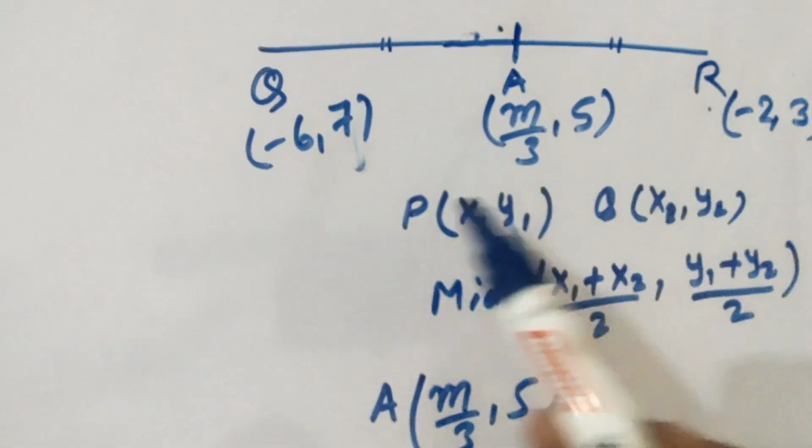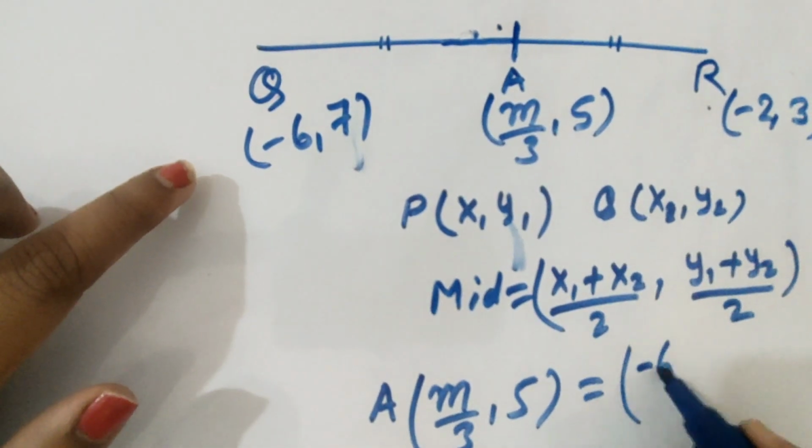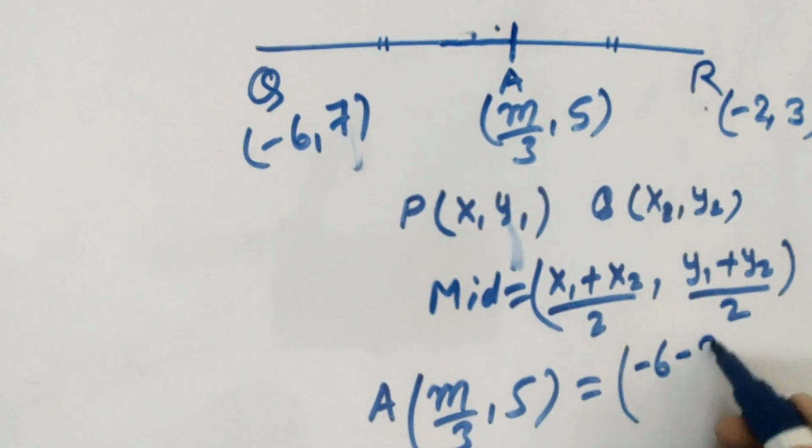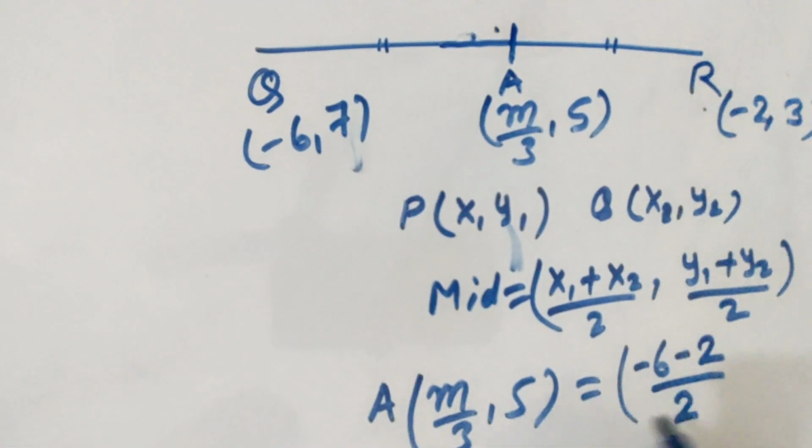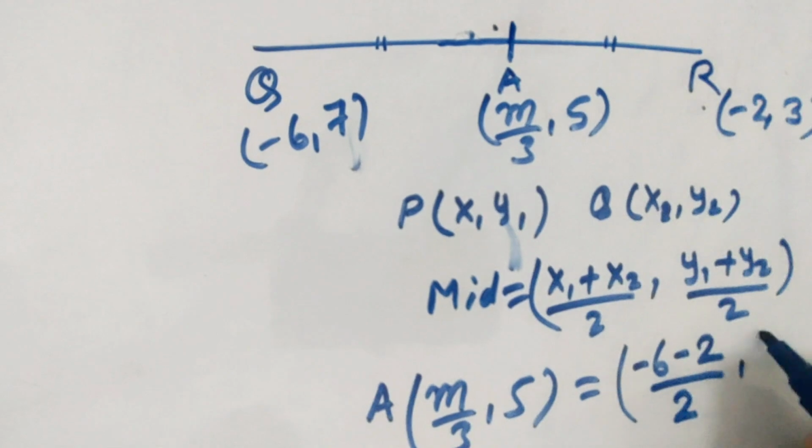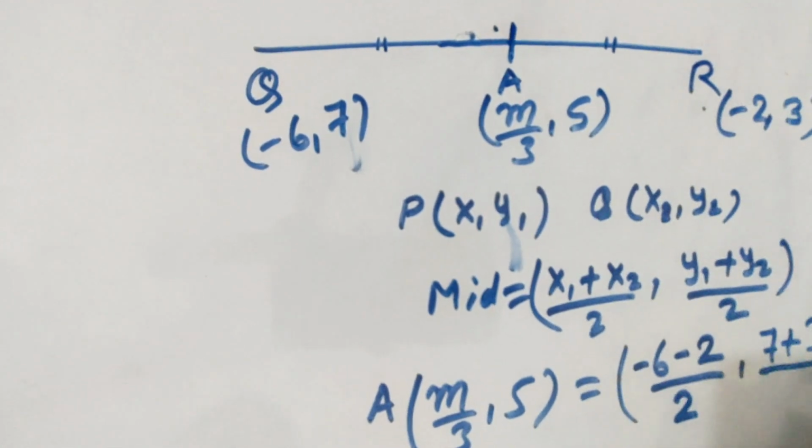First, x1 is -6 and x2 is -2, so (-6 + -2)/2, and for the other, (7 + 3)/2.